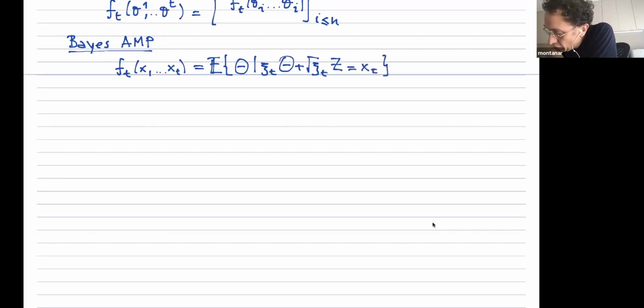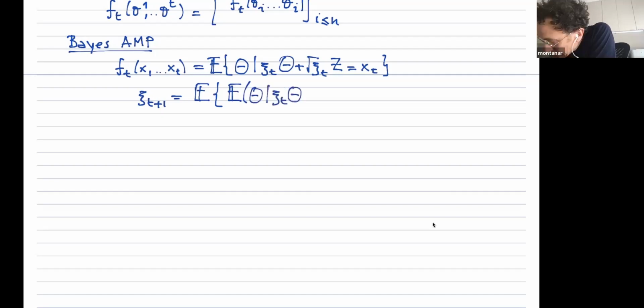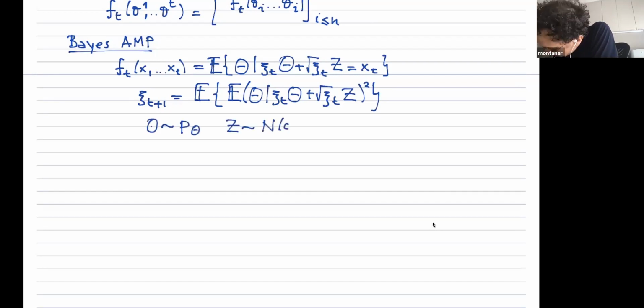And the ξ_t is computed recursively as, where the expectation is with respect to theta with distribution p theta and z with a Gaussian distribution independent.